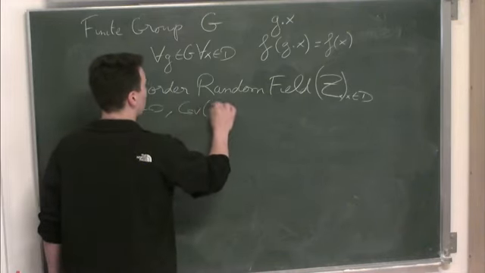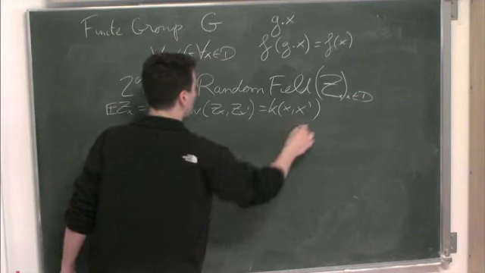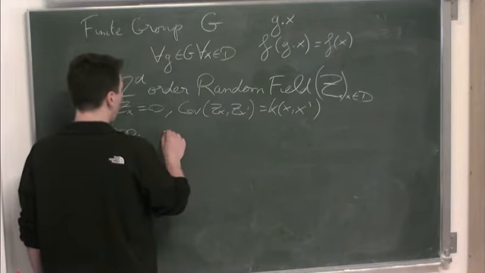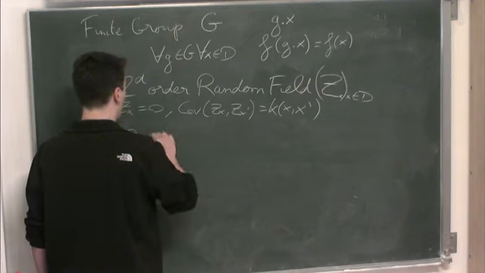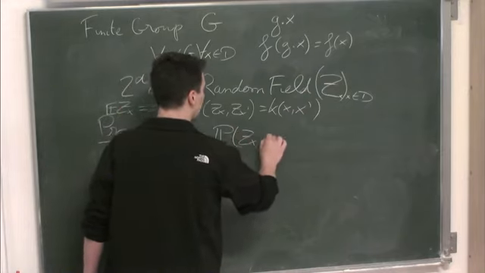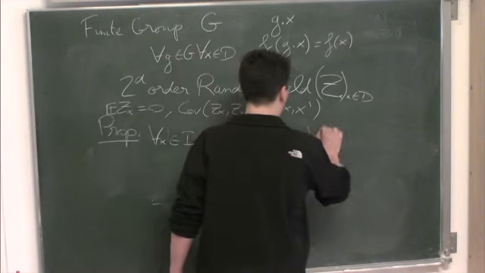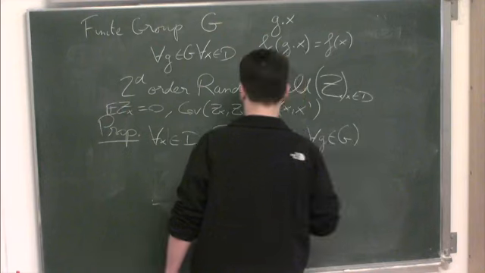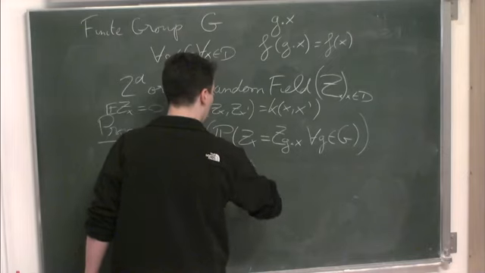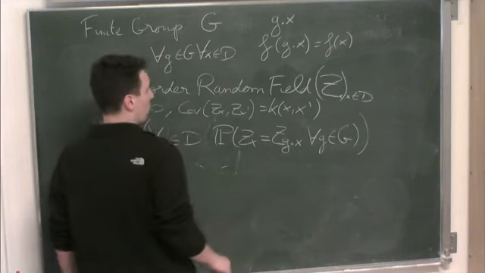The covariance of Zx, Zx prime is equal to K of x, x prime. Now the property, well, it's an informal property: the probability, for all x in D, that Zx is equal to Z of g dot x for all g in the group is equivalent to the following.